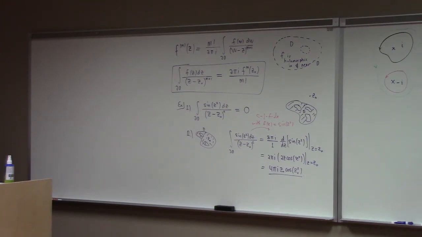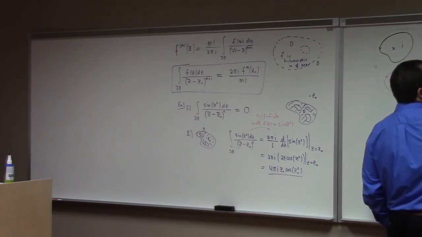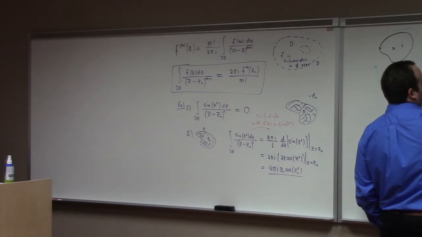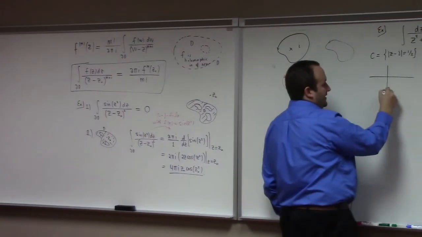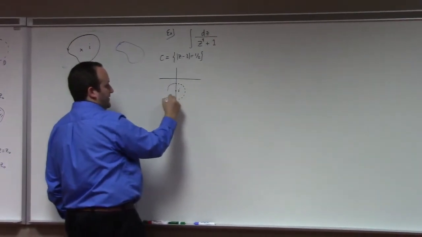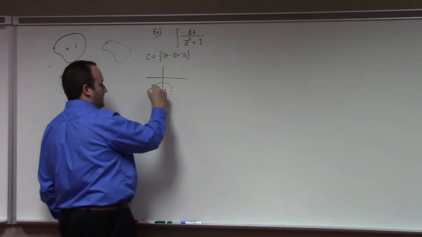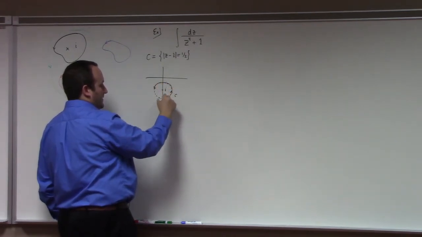So what's that look like? Let me call this thing C, just to have a name for it. So that C is centered at i, right? And the circle has a radius of 1/2. It's down here, right? You guys see that?